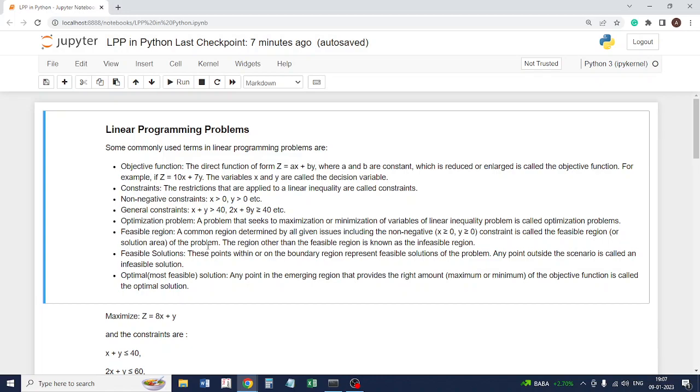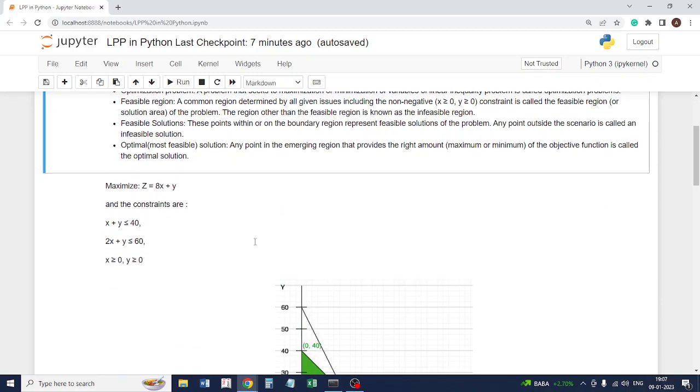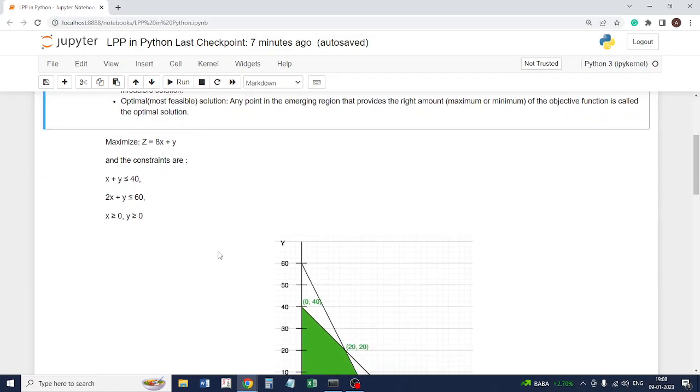First, we'll take a simple example where we will see how to solve it using a graphical method. Suppose you want to maximize a function z equal to 8x plus y, and the constraints are x plus y is less than or equal to 40, 2x plus y is less than or equal to 60, for all positive values of x and y.